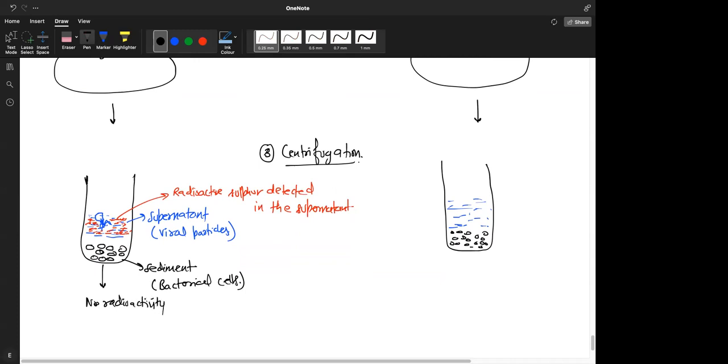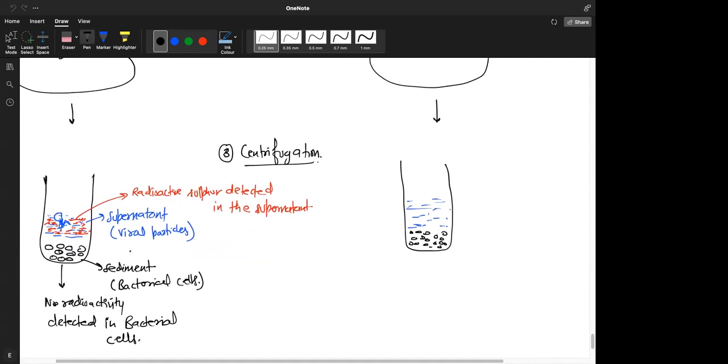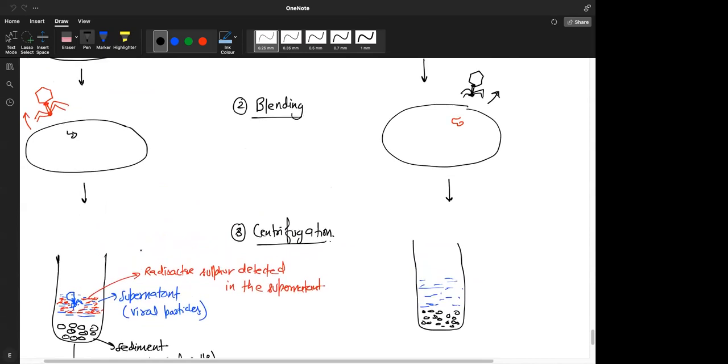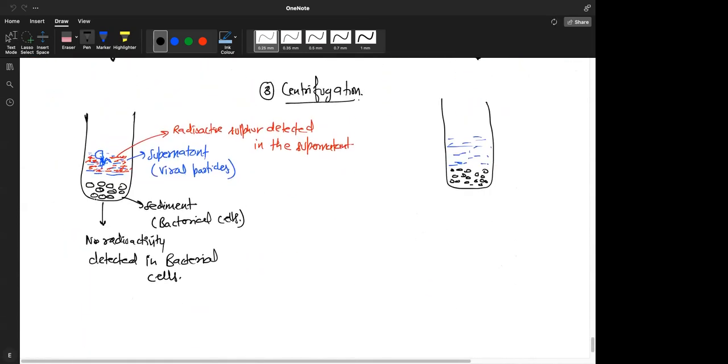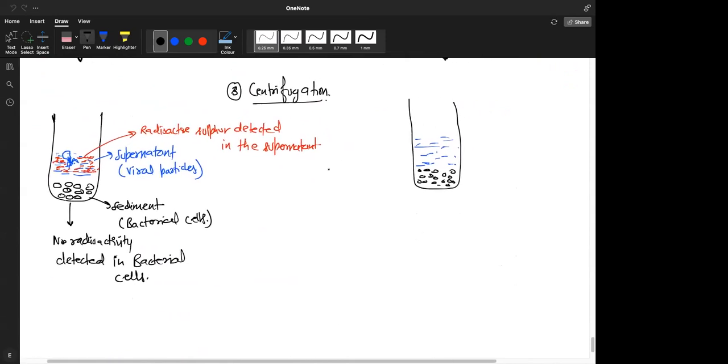What does it tell you? That protein is surely not the genetic material because it is not getting transferred inside the cell. Yes or no?